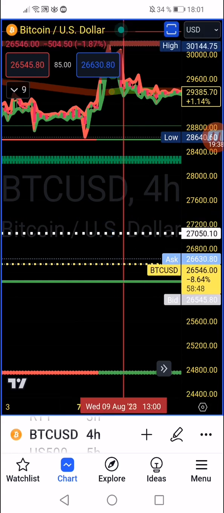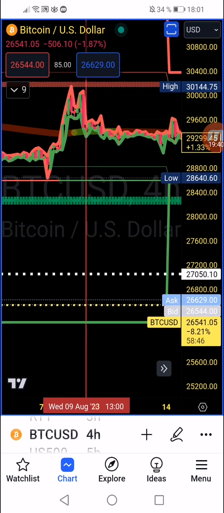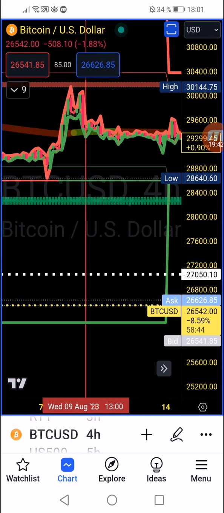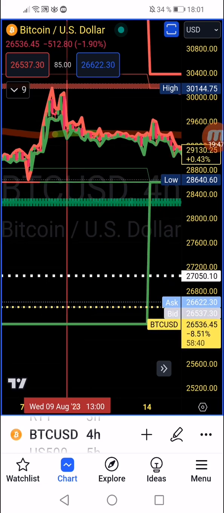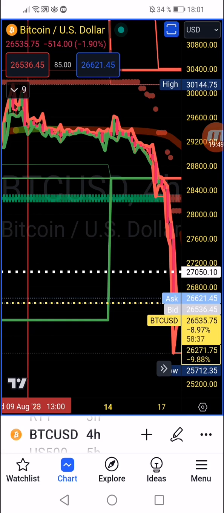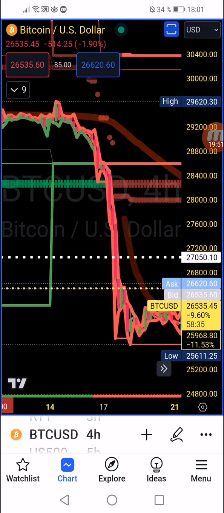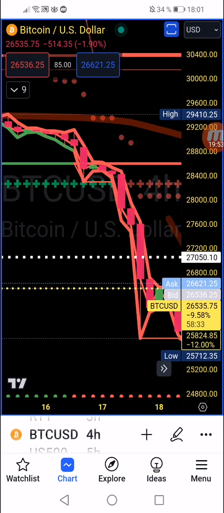But from here you see the market is in an uptrend, higher lows, but the lows are red, lower highs, and then look here what's happening. Suddenly the green low turns also to red low. That means we have now lower highs and lower lows.